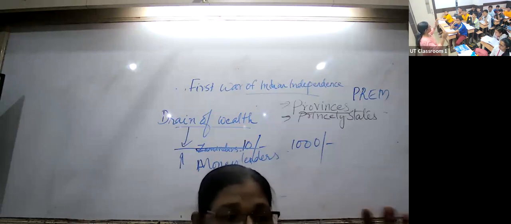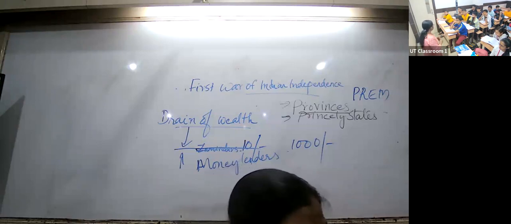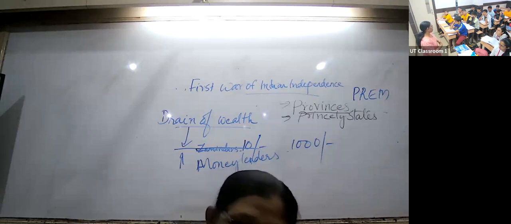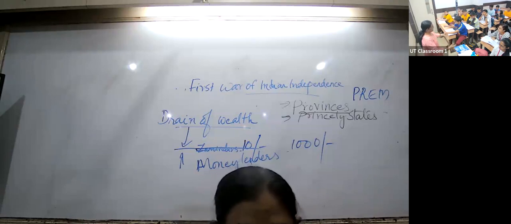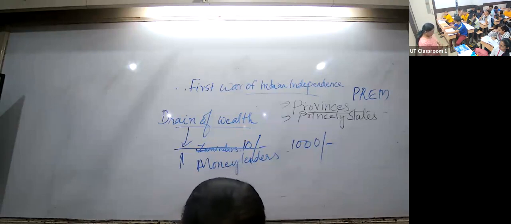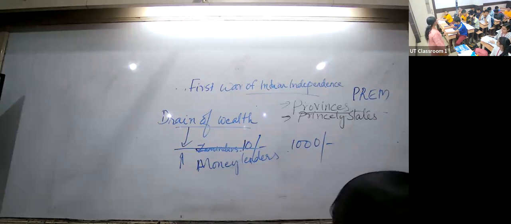That was one of the best things they did after the first war of independence. So, non-interference in the religious customs or practices of Indians. Next, economic exploitation. Changes in the army. The ratio completely changed.